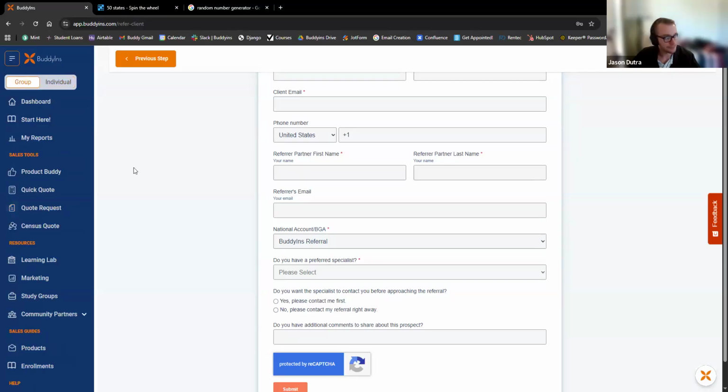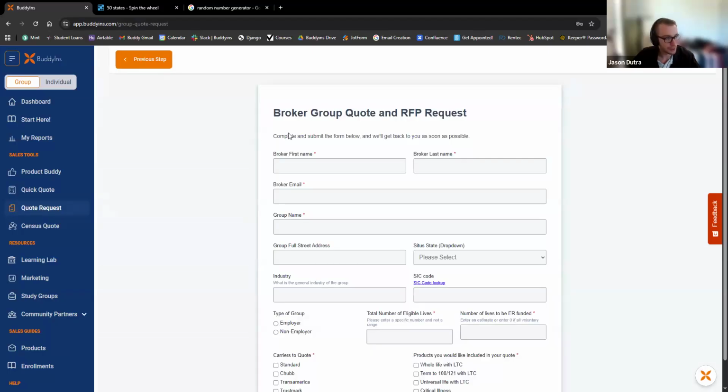On the group side, it's similar, but the quote request form is really how we get your case memorialized in our system and get one of us triggered to reach out to you to get some information on the case, to begin working with you on that case. And again, we can be highly involved. You can pull us into those conversations with the group.